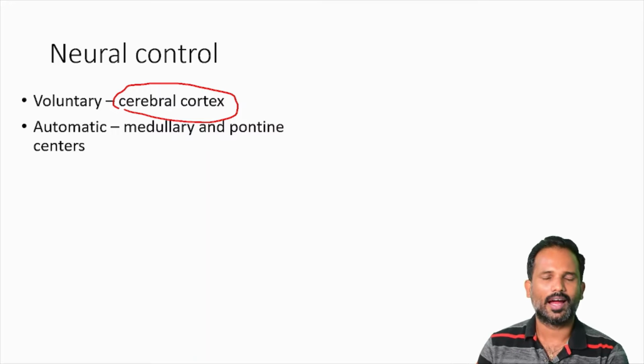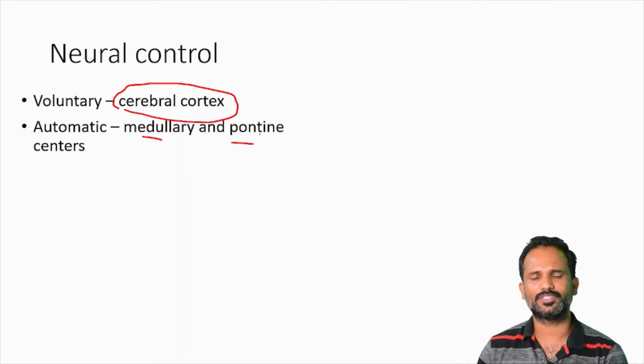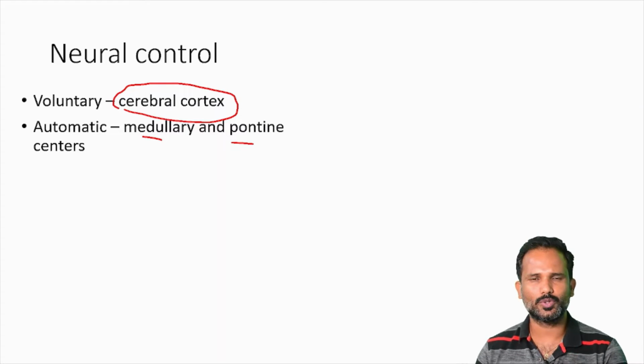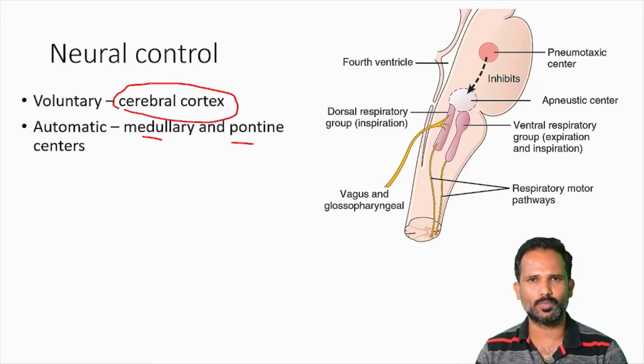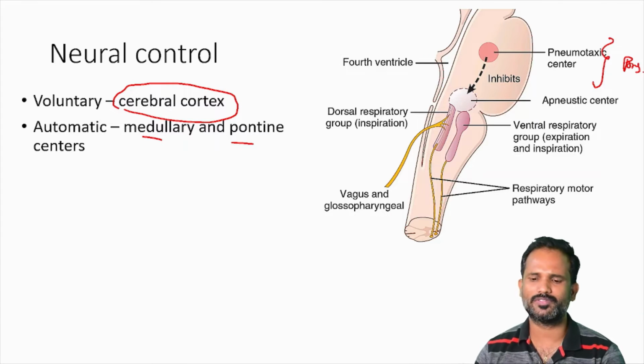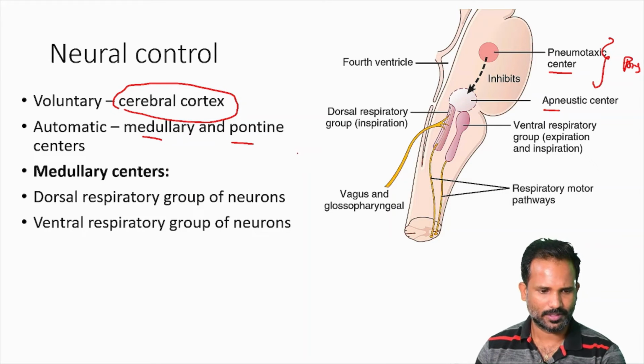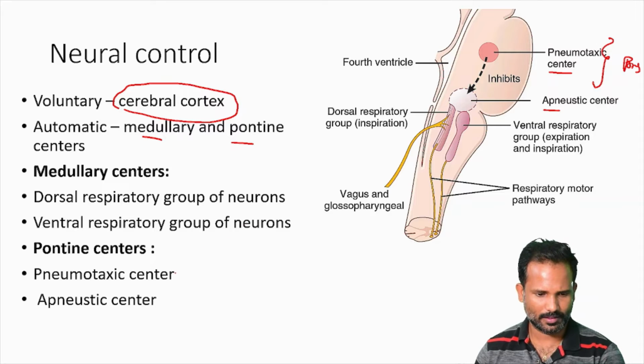And coming to the automatic, here we have four centers which are located in two regions, medulla and pons. So there are two medullary centers and two pontine centers. If you see here, this is the pons. In the pons we have the pneumotaxic center and the apneustic center.